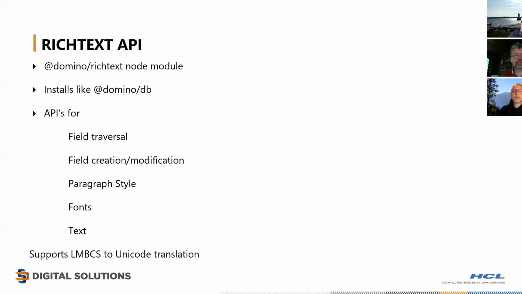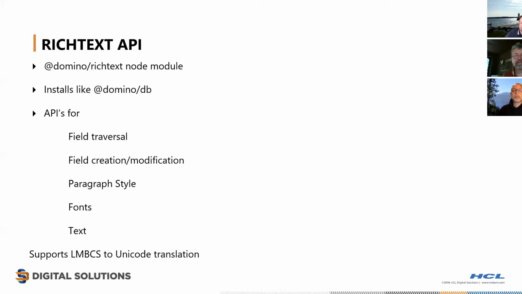It also supports the LMBCS to Unicode translation, which I don't know how many developers actually realize is going on. If you're using Java or LotusScript, you don't have to really worry about LMBCS. But if you use a C API, LMBCS is the character set that's used to store all string data in Domino databases, string data in rich text fields in particular.